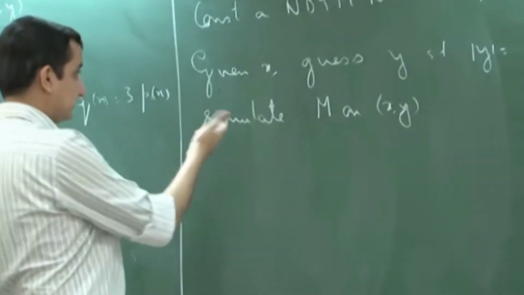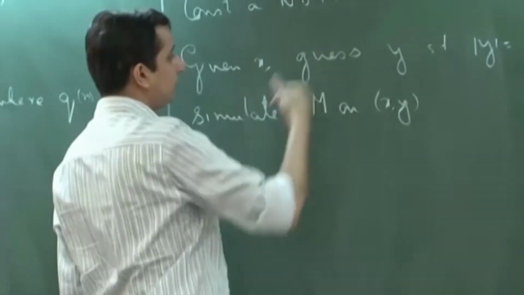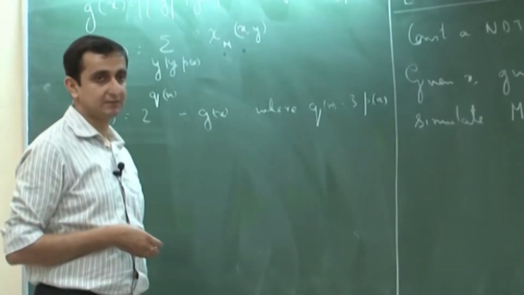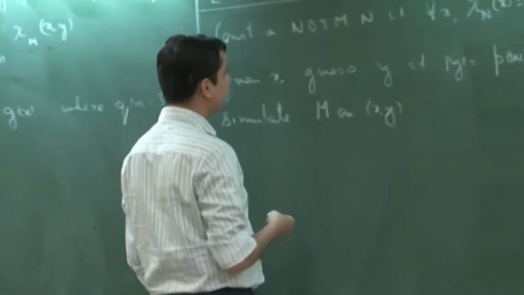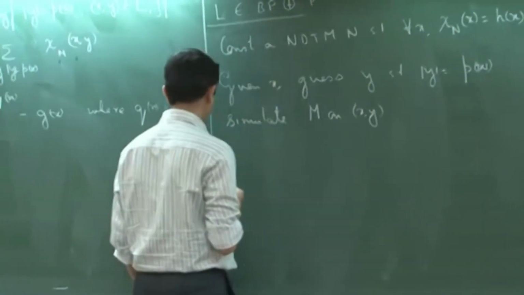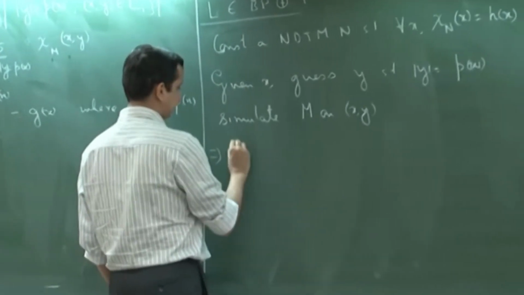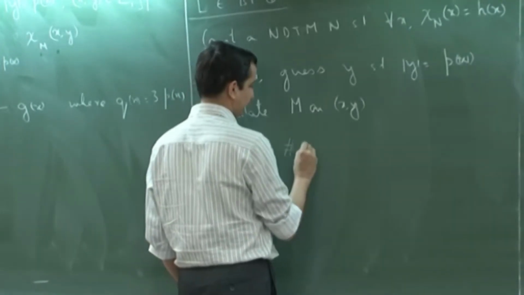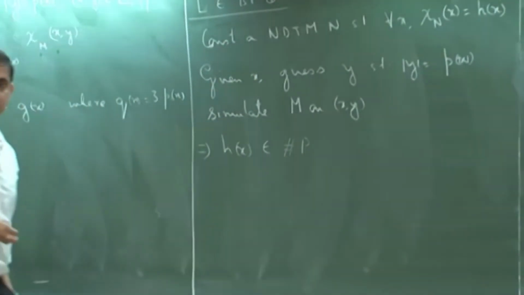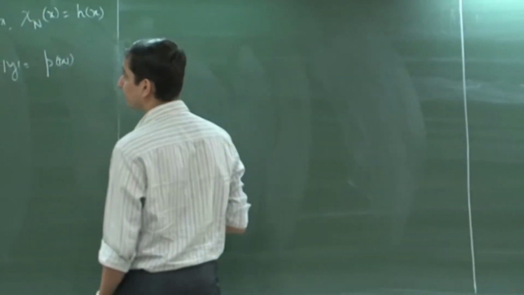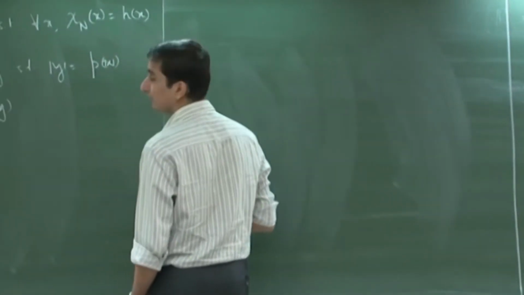Now by definition this machine N will have h of x many accepting paths. Since we have a non-deterministic machine N which has h of x accepting paths, this implies that h of x is in sharp P. So, this is basically the oracle that we will use to get our P to the sharp P upper bound on L.